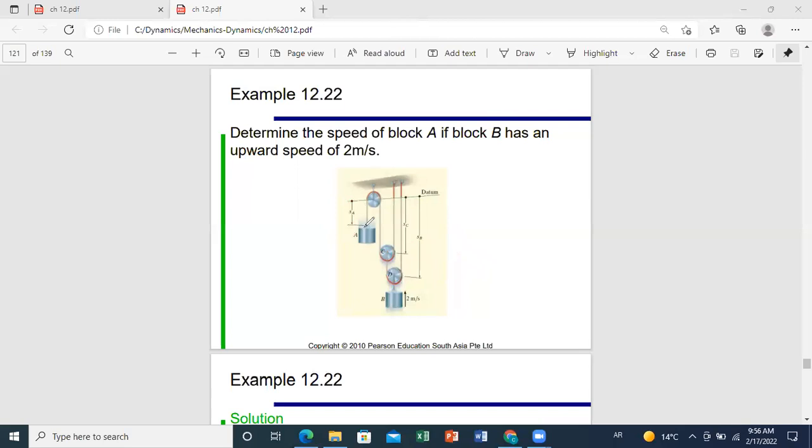The first chord starts from A, goes up, turns around here, then goes down, then turns around C, then goes up to the ceiling. So this is my first chord. I have here two chords. The second one will start from the center of C. It will go through the periphery of D, and then will move up to the ceiling level. So this is my second chord.